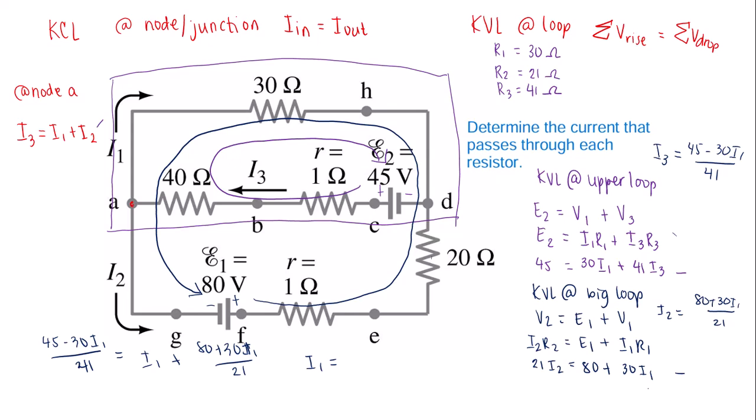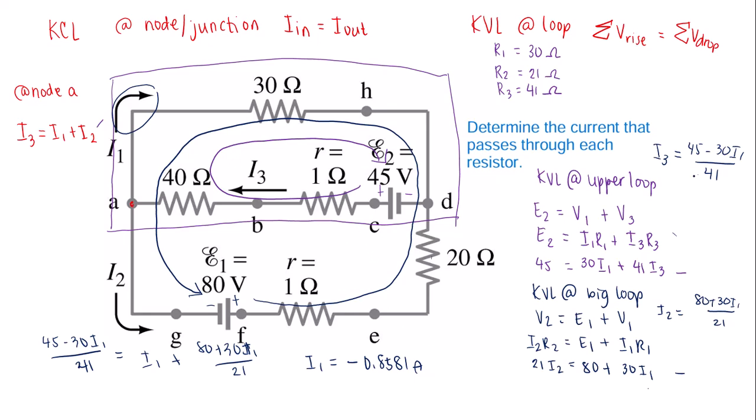So we have a negative 0.8581 amperes, meaning to say that this direction, this assumed direction by the author, is supposed to be opposite. Anyway, we have our value for I1.